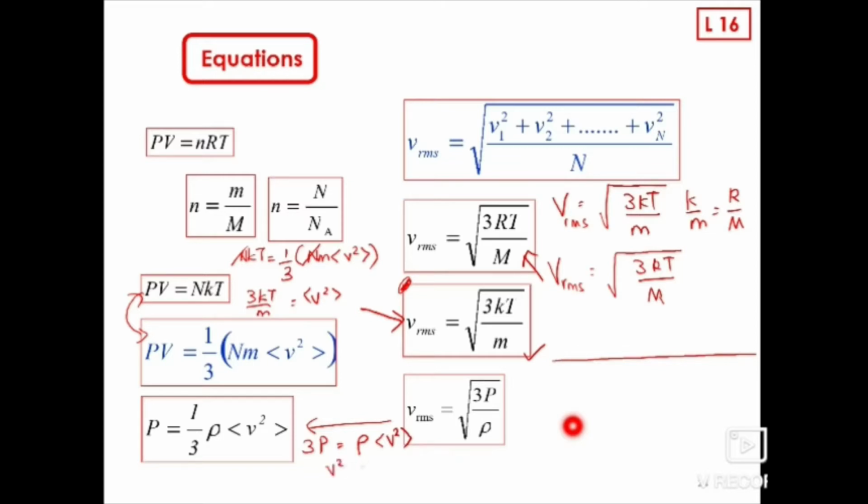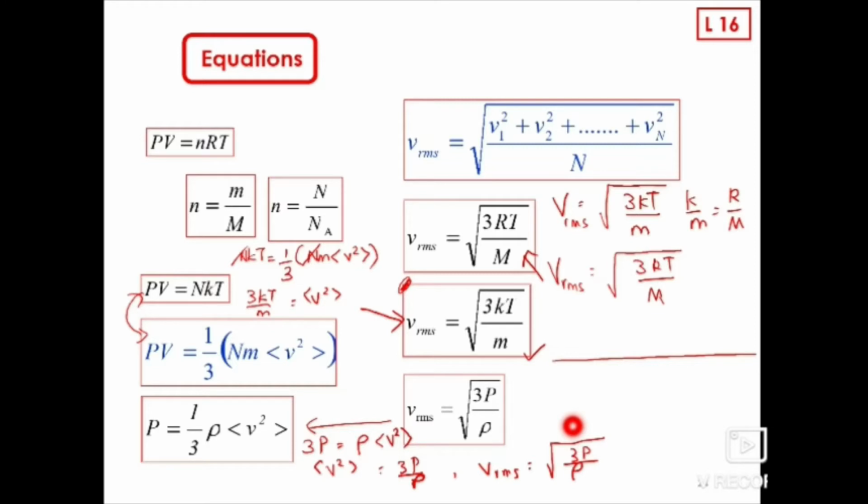So V square equal to 3P over rho. So VRMS equal to square root of 3P over rho. Rho is the density of the gas.